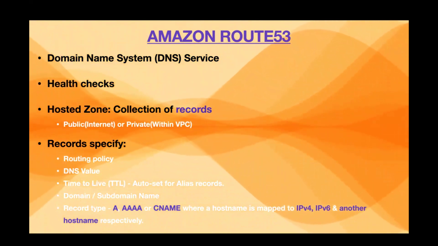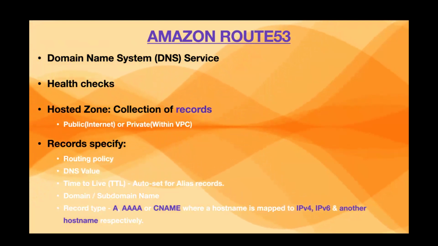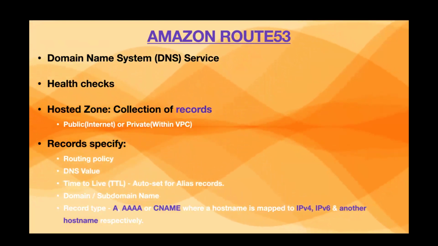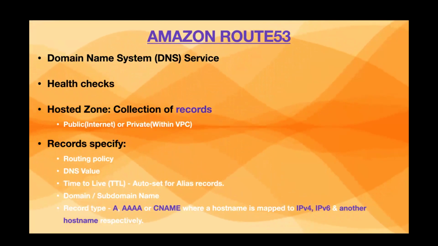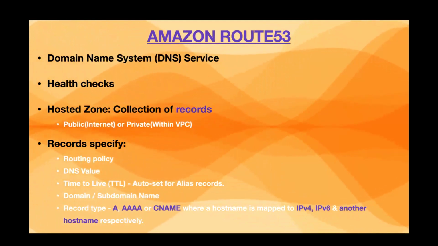But if the time to live on the record is 24 hours, it will take 24 hours before anybody who visits my website.com is routed to the IP address 5.6.7.8.